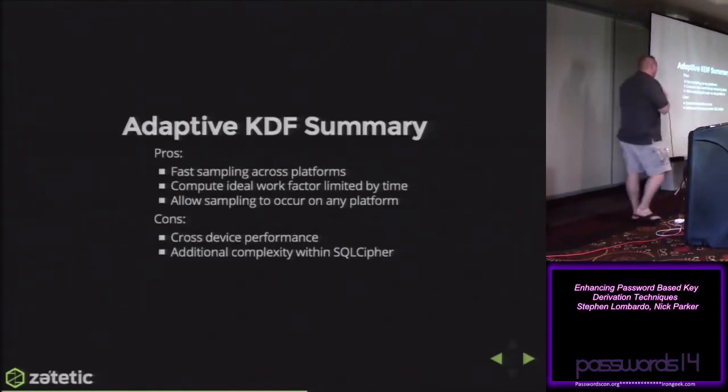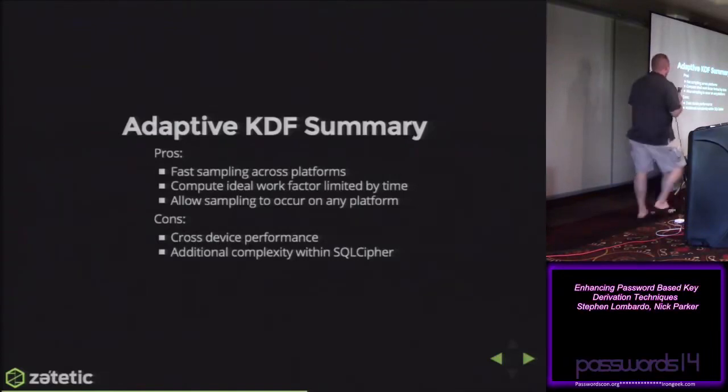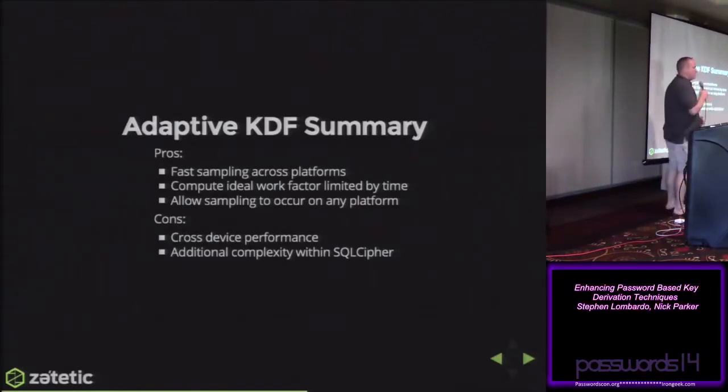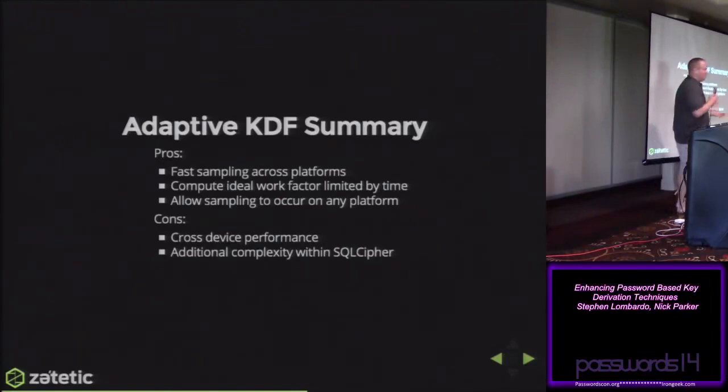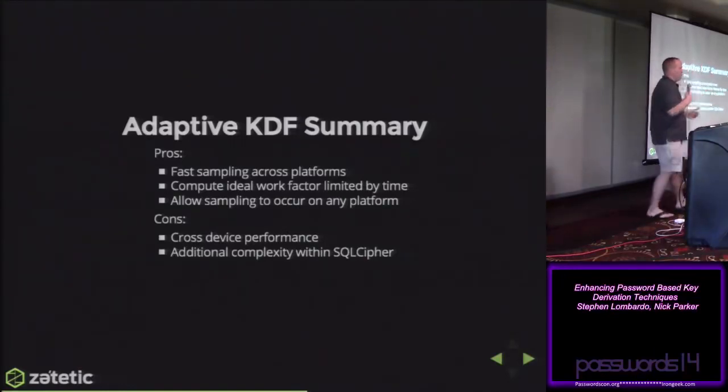So the con is cross-device performance. What that means is, for example, with Jacob Appelbaum, he has his G1 and he has a new Android device. And the work factor is going to be dramatically different between those two devices. So, if you take my MacBook Pro, I can compute a very high work factor.